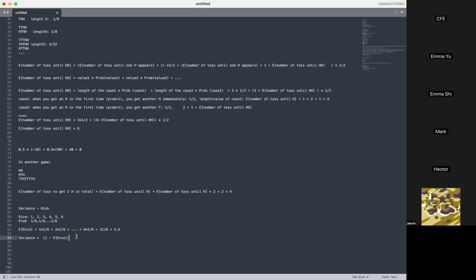Later I will ask you why we need to square it. And then it's 2 minus the average value, so each value minus the average value, squared. And so 6 minus the average value squared. And overall, we divide the whole thing by 6.